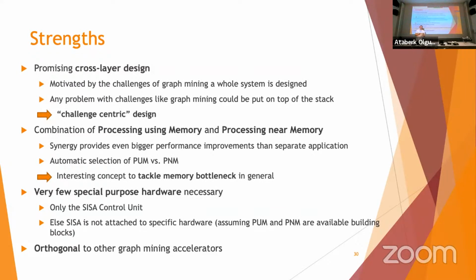For example, you could put software accelerators for graph mining on top of it. There are also some other hardware accelerators that are still bottlenecked by memory, so you could add SISA to accelerate them further. So I think it's very nice that SISA can be used as just another building block to accelerate graph mining.